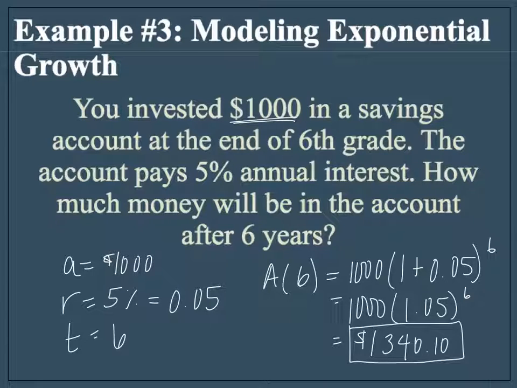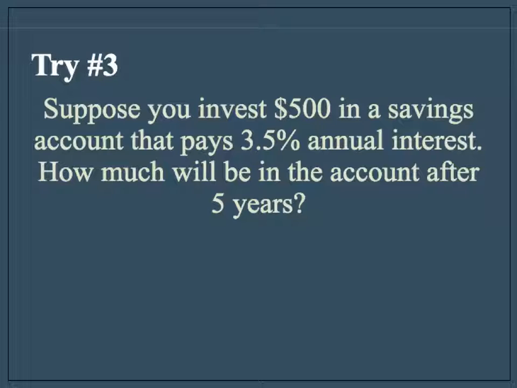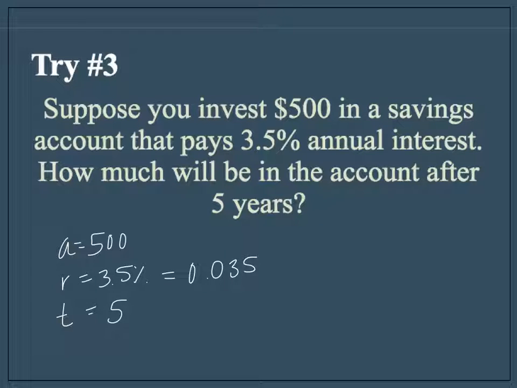Okay, let's try the next one. Suppose you invest $500 in a savings account that pays 3.5% annual interest. How much will be in the account after 5 years? So again, A is going to be $500. R, your rate, is 3.5%. However, we need to change it to a decimal, which is 0.035. And t is going to be 5 years.